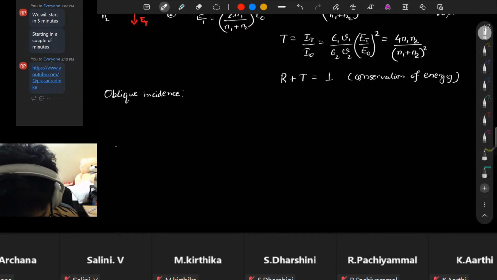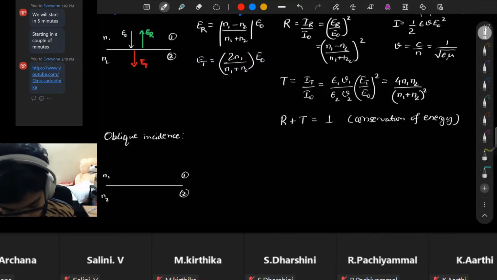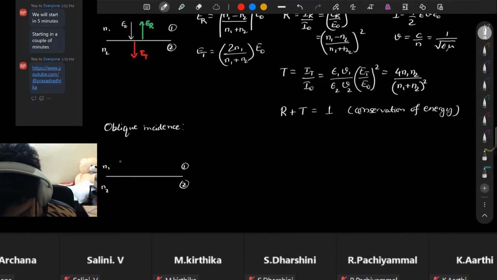So again, we will have the interface. This is medium 1, this is medium 2, this is the refractive index N1, N2. But this time we have oblique incidence. So something like this. This is the normal.